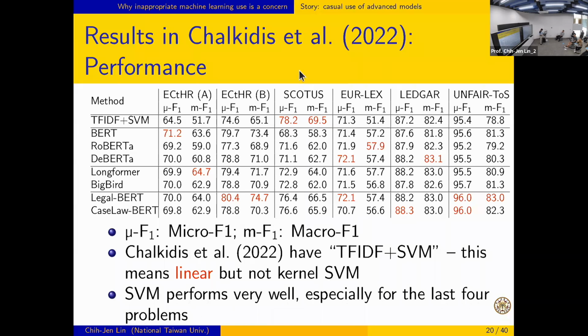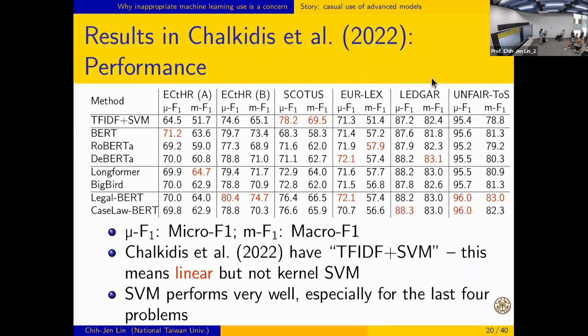Now let's check the third problem. You already see those numbers in red color. So essentially for this data set, SVM is the best, better than all BERT models. Then for this called EUR-LEX data set, SVM has 71.3. But let's see who is the best: 72.1. Well, 71.3 versus 72.1, not very different.